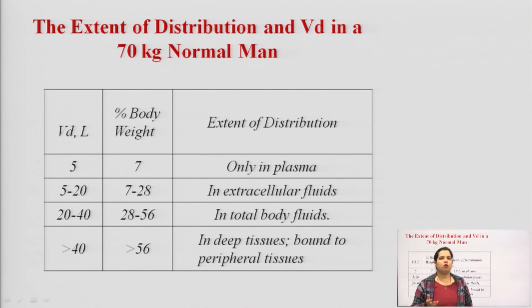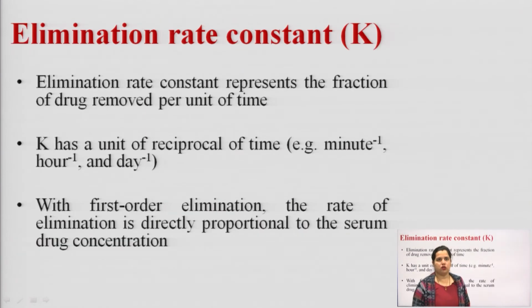If volume of distribution in liters ranges from 5 to 20, the percent body weight we are considering is 7 to 28% of the human. In extracellular fluid we can say that it is present. 20 to 40 liters covers 28 to 56% of body weight, and that is total body fluids. More than 40 liters covers more than 56% of body weight, and in deep tissues, bound peripheral tissues, all are taken into consideration.